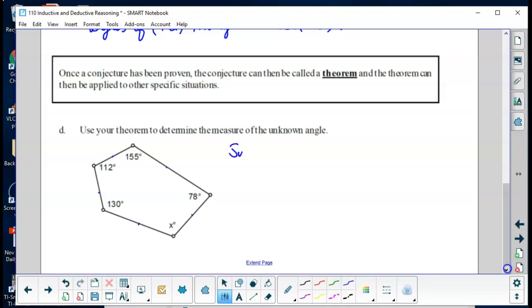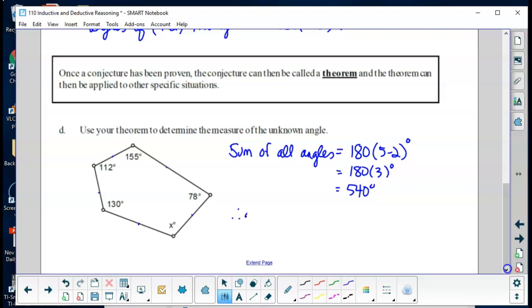So the sum of all angles will be 180 times 5 minus 2 degrees, so 180 times 3. So 180 times 3 is 540. And they all have to add up, right? We're only missing one angle.